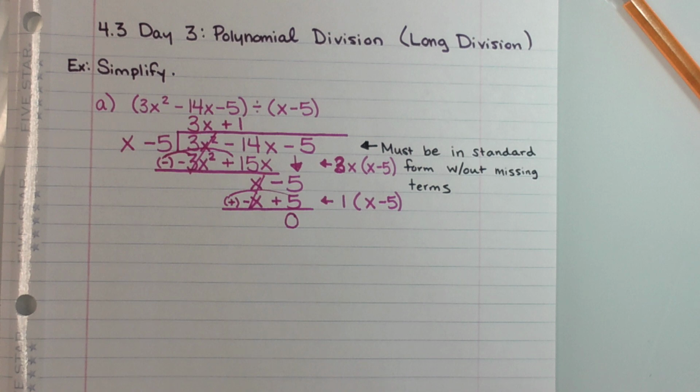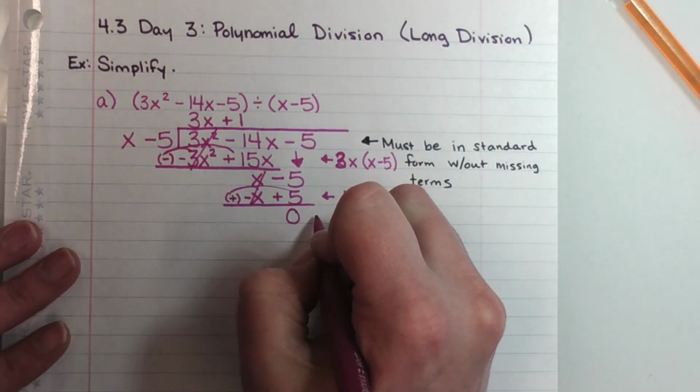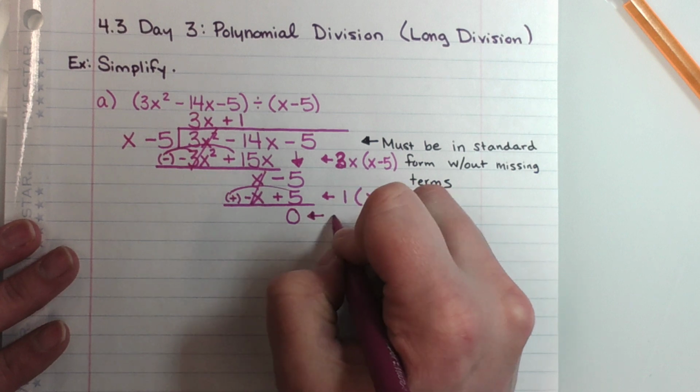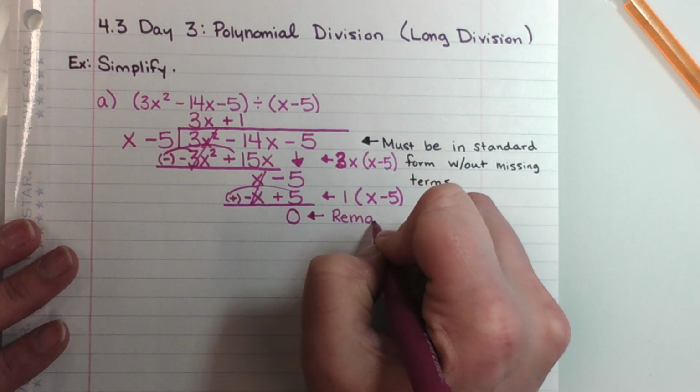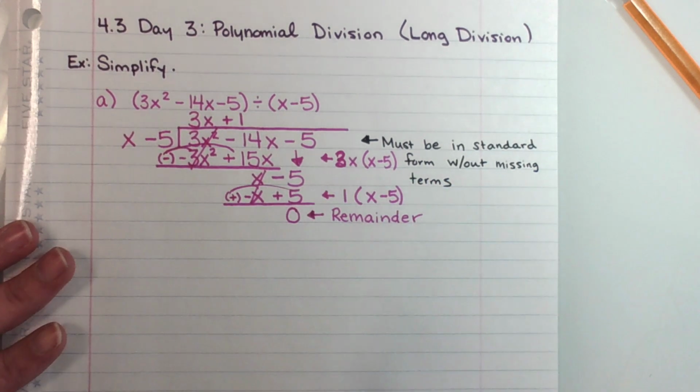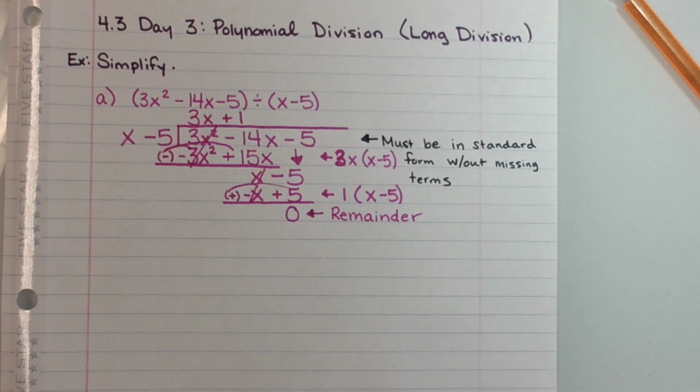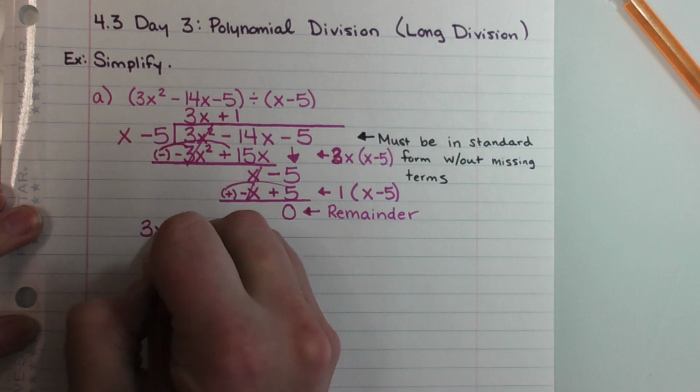I have no more terms to pull down, which means this is the remainder. What does it mean if we have a remainder of 0? The answer at the top is fully the final answer, 3x plus 1.